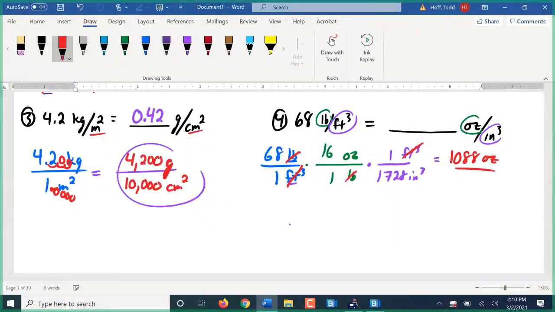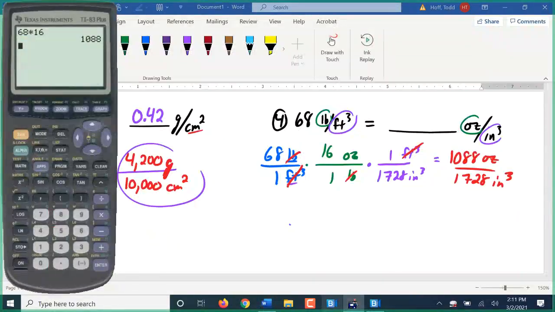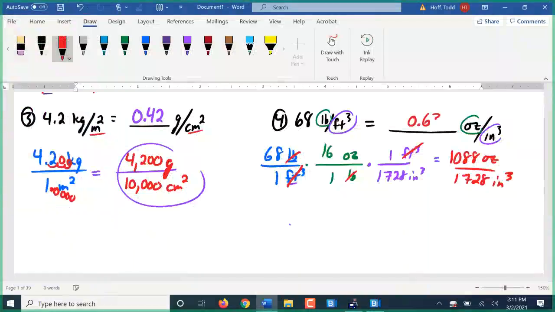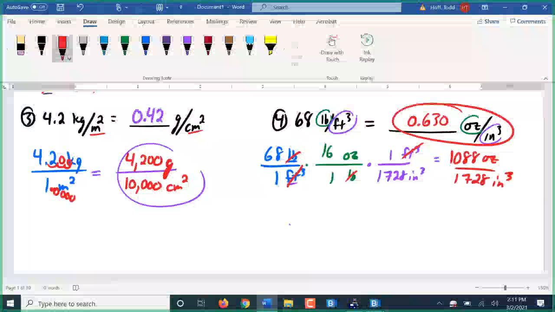On bottom, we have 1 times 1,728 cubic inches. And now we divide that out. 1,088 divided by 1,728 gives us 0.6296, or 0.630. That's 0.630 ounces per cubic inch.